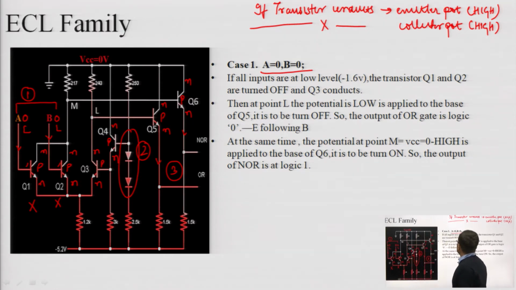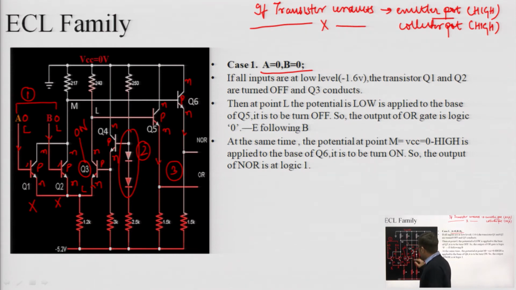If these are not conducting, then the emitter potential must be low. If this low value is applied at the n side, then Q3 must be on, and if Q3 is on, its collector potential will be low.